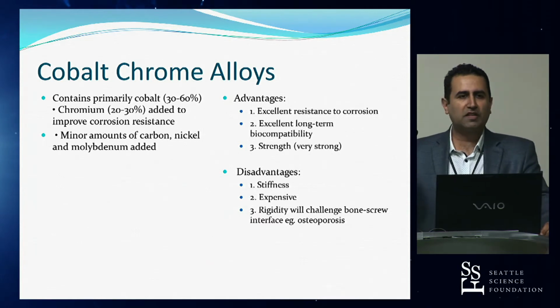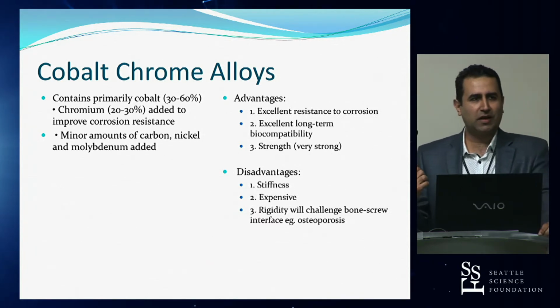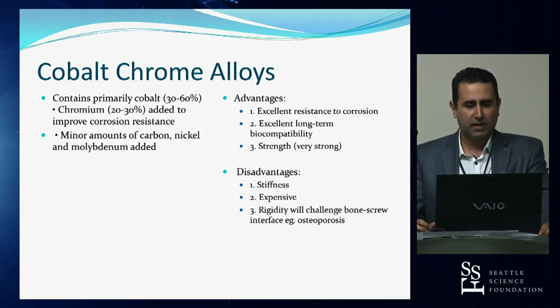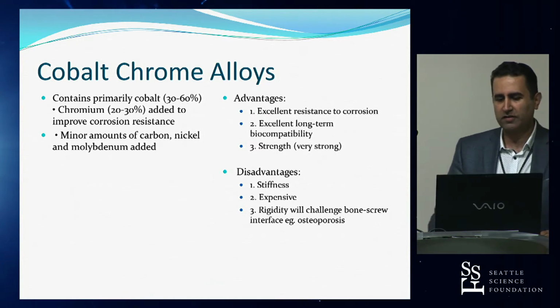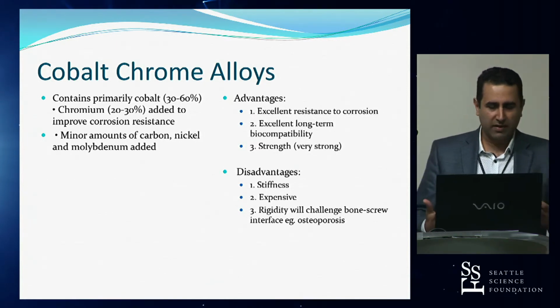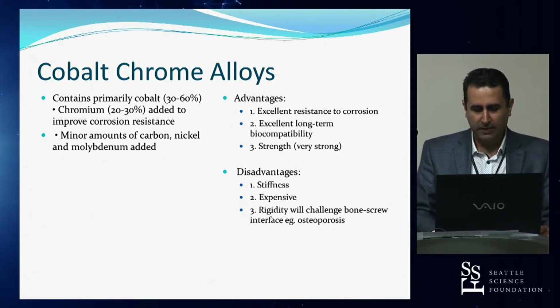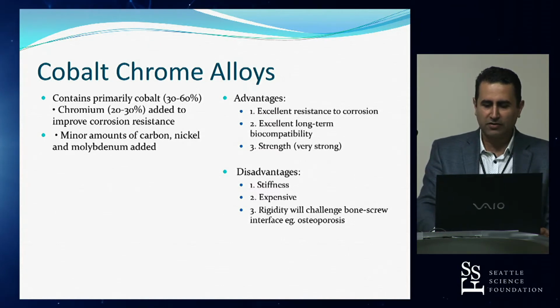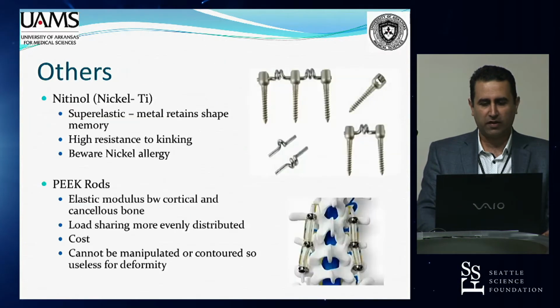But you'll see fewer fractures of the rod. So in a young person with a deformity, an adolescent or a younger deformity adult patient, it may be the implant of choice. It's relatively difficult to bend, and it'll challenge that bone screw interface like we talked about.